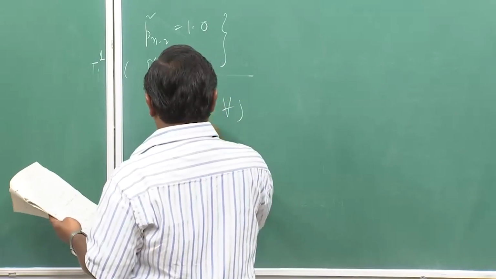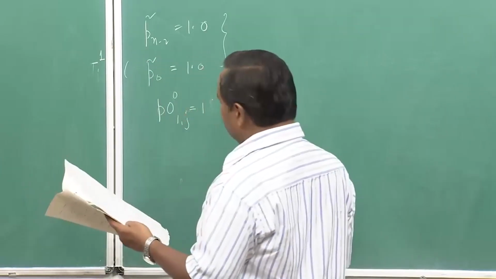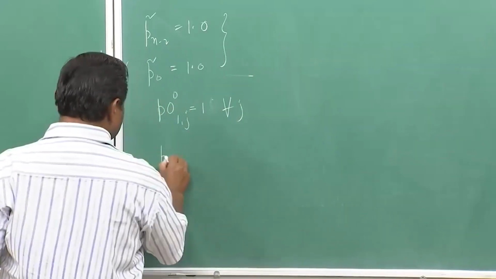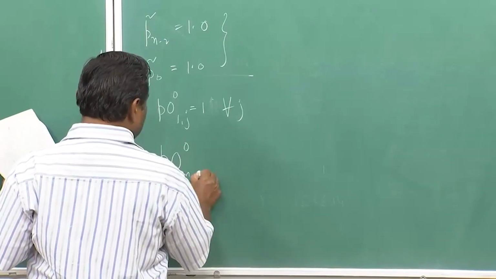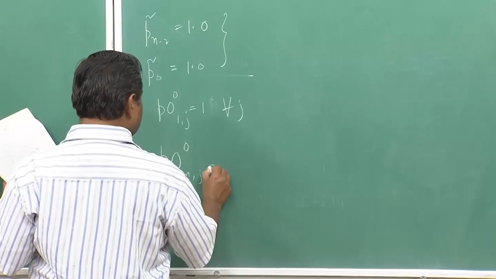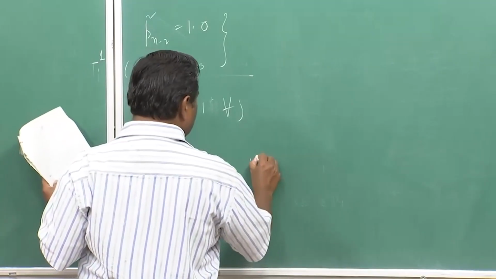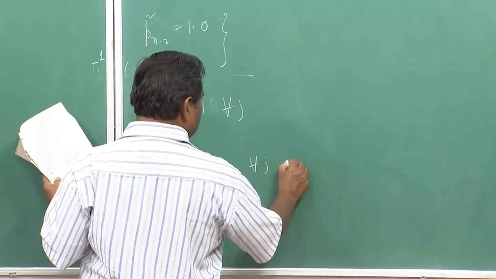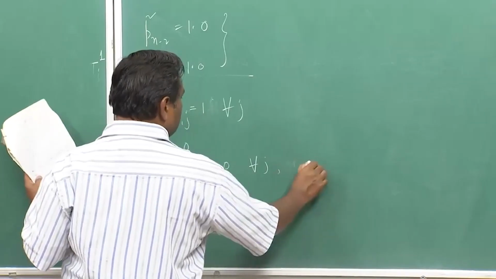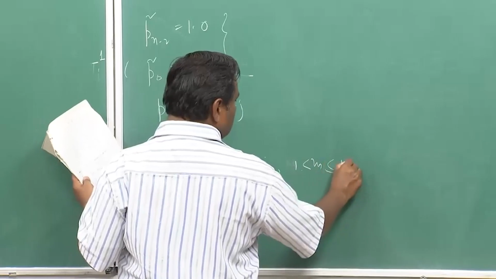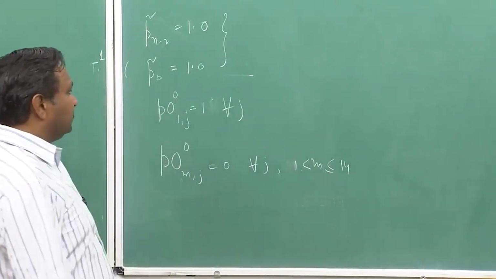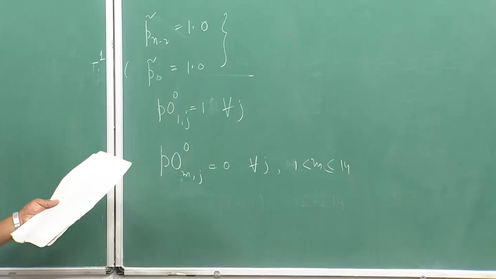This will be equal to 1 to begin with. And of course, P 0 in time step 0, for all other states, for all j and m greater than 1, it is not equal to 1. So, for all other states it will be made 0; that is the initial condition when you have to do the computation.